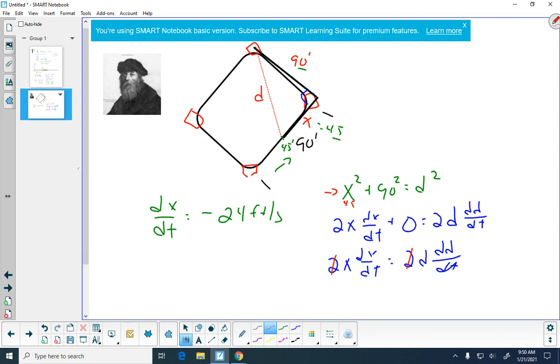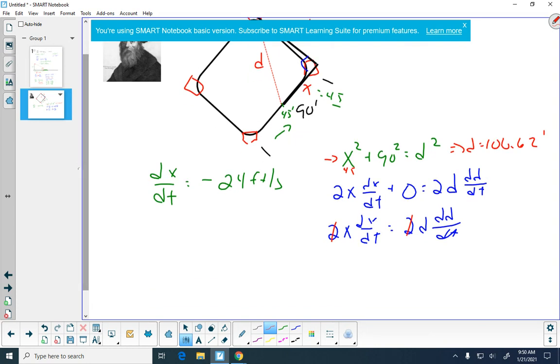Adam, what do you get for d? 100.62 feet. 100.62 feet. And then we can substitute in. We have 45 times negative 24 feet per second is equal to d, which is 100.62 feet, dd dt. So we take the 45 times the negative 24 divided by the answer that we just got.